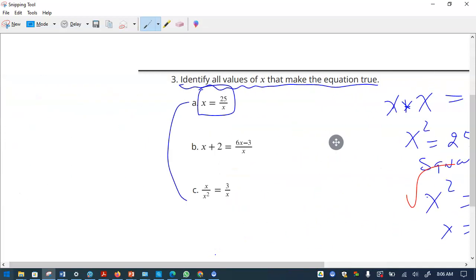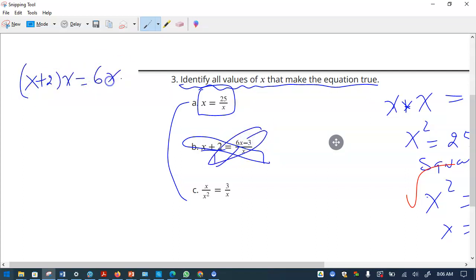See the second question? This is over 1, so you multiply these two together. So x plus 2, you multiply by x, and the 6x minus 3 stays the same. Use the distribution, which is x times x squared, and then 2x.